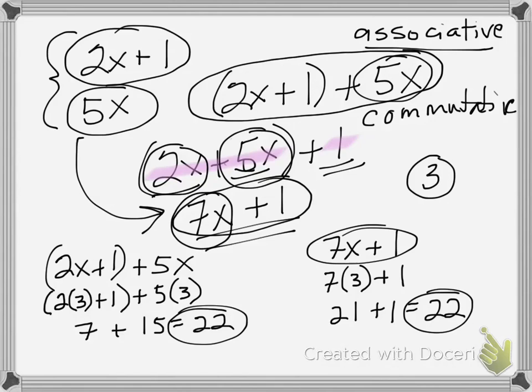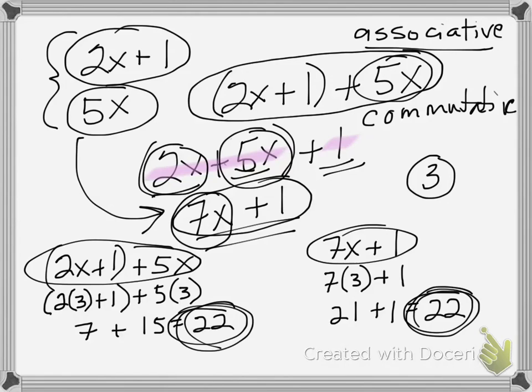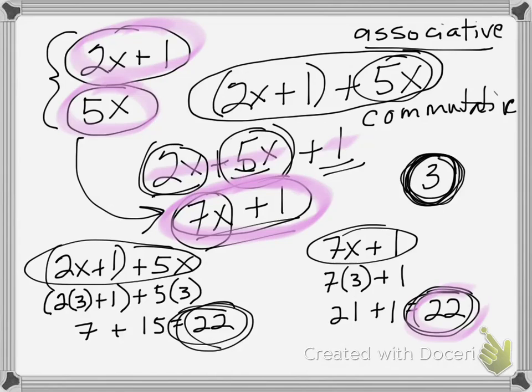Both expressions yield an answer of 22, or a solution of 22, when 3 is plugged in for the variable. Okay? So we've actually taken two expressions and we have found the sum of those. So we took these two expressions, found the sum, and this sum is going to yield the same answer, same solution as the combination of these two expressions.